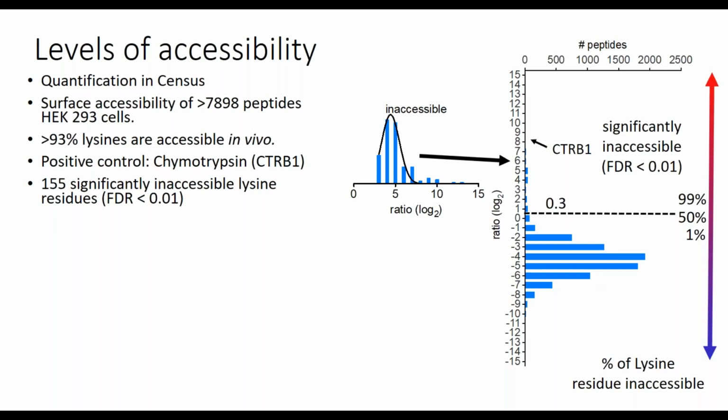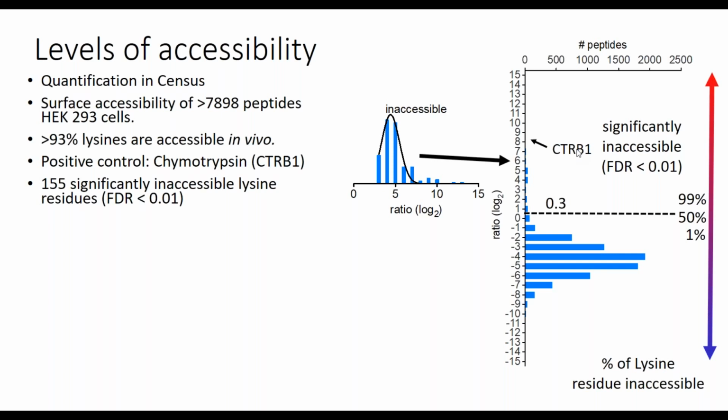But you can see here there is a population with lysines that were not accessible in vivo. Here, CTRP1 serves as a positive control, because that is the chymotrypsin, and it is expected to be labeled only with the second label, so that is why it is inaccessible there.